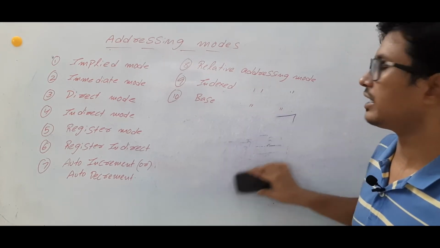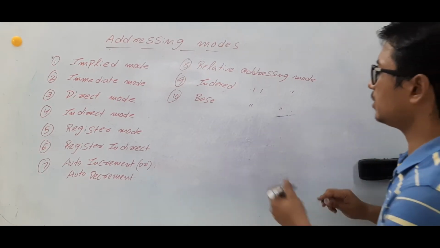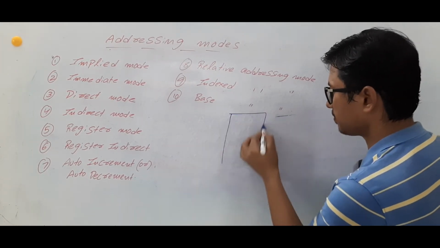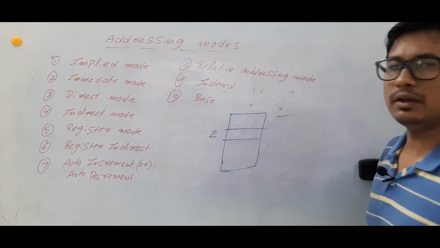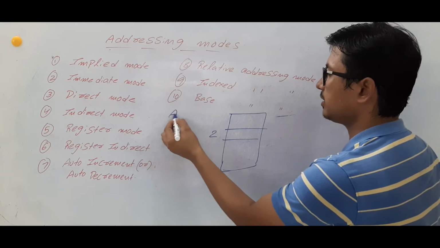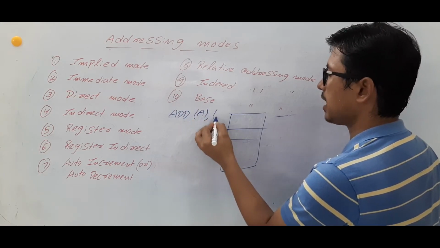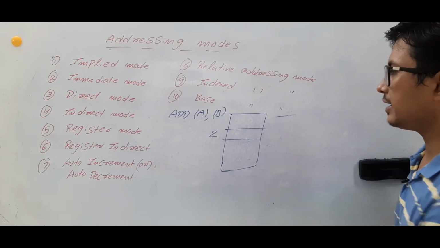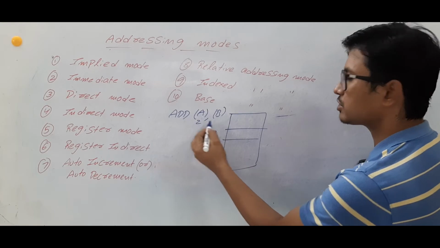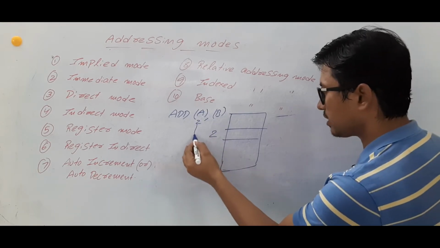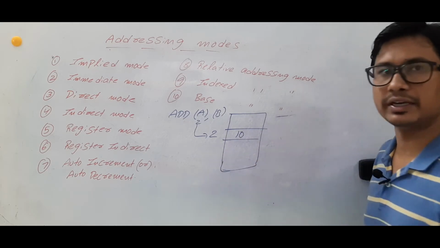What is an indirect addressing mode? Now remember one thing. Let's take the same memory. Let's take that here they have given ADD A, B, and it is an indirect addressing mode. So A's address is given as 2. You will go to the address location 2. Let's take that it has the value 10.